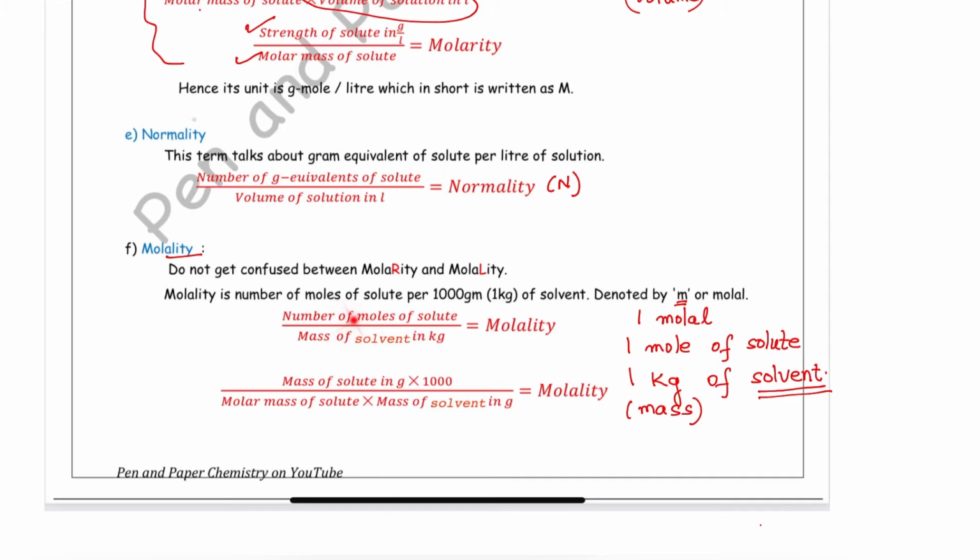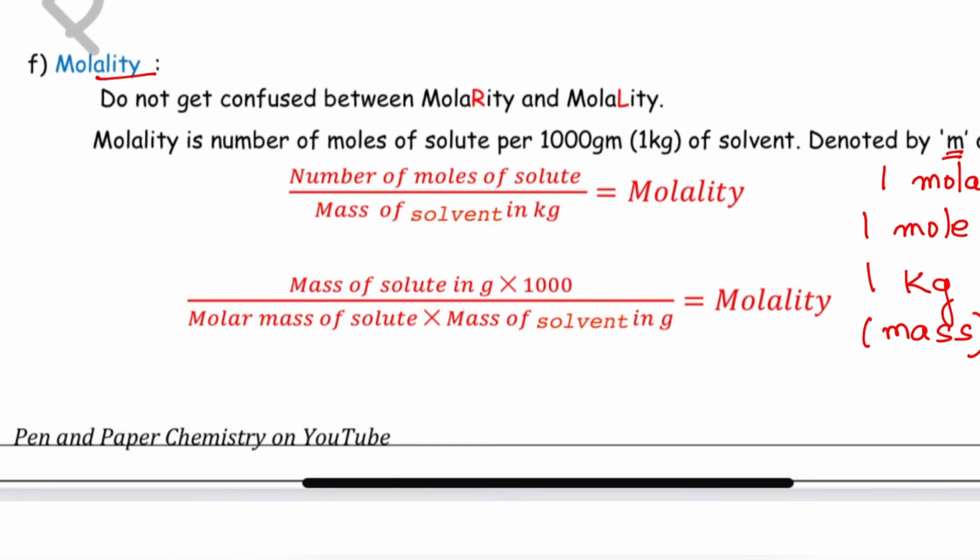Again, expanding on the formula, number of moles of solute is mass of the solute in grams divided by the molar mass. Now you look at that, there's 1,000. Did I put it by mistake? Look very carefully. Look at the formula that we've got over here. Mass of solvent in grams.